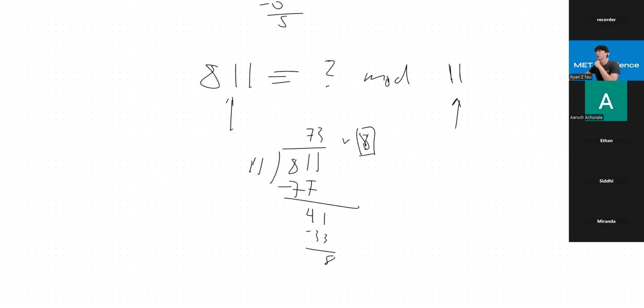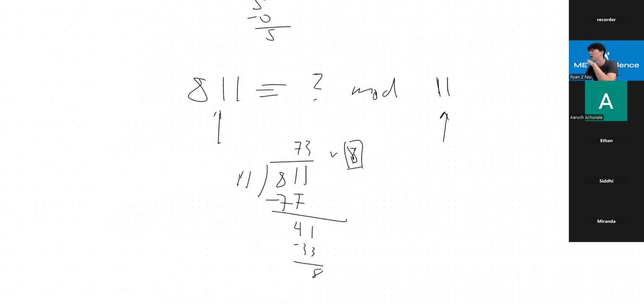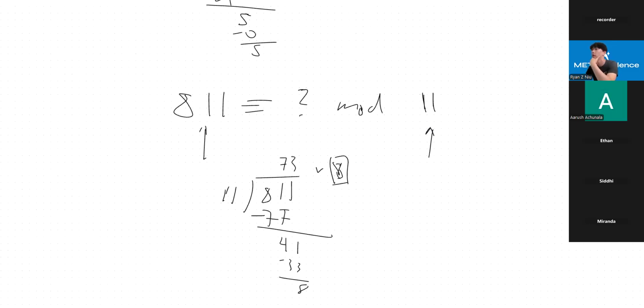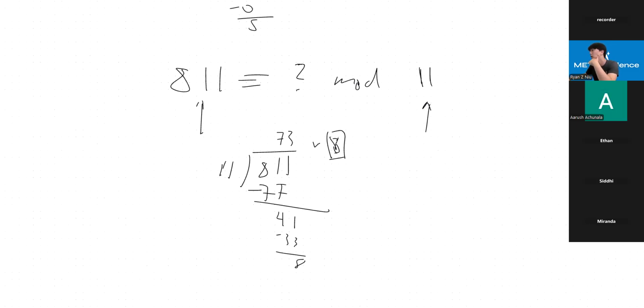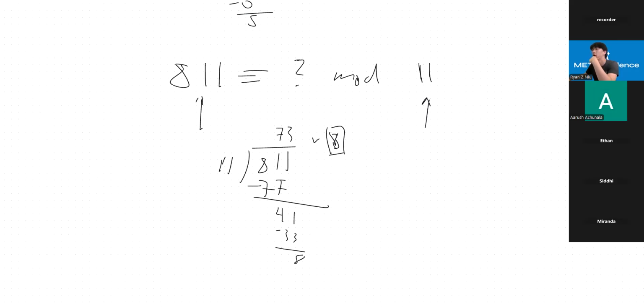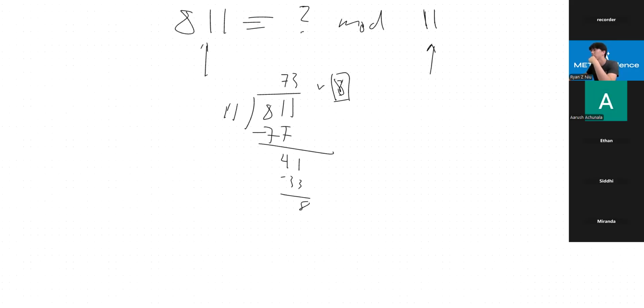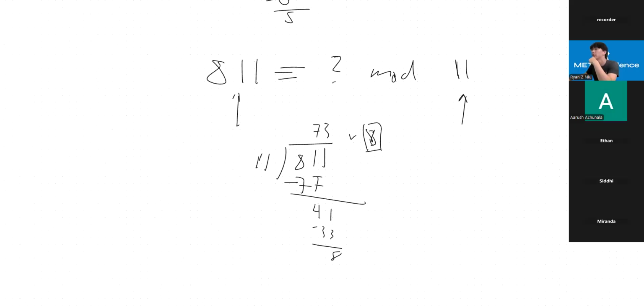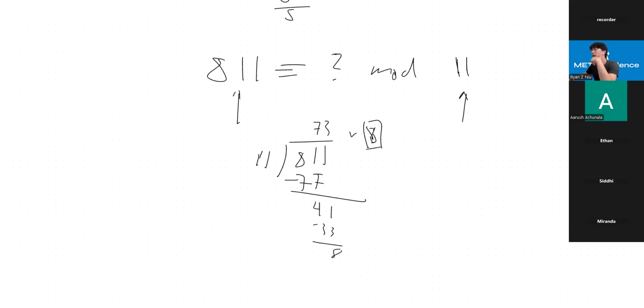Okay, now that we've got the basics out of the way, we want to talk about some properties, and why this is useful. The main point is that we can add them together.